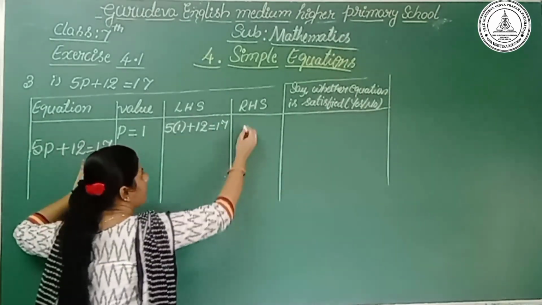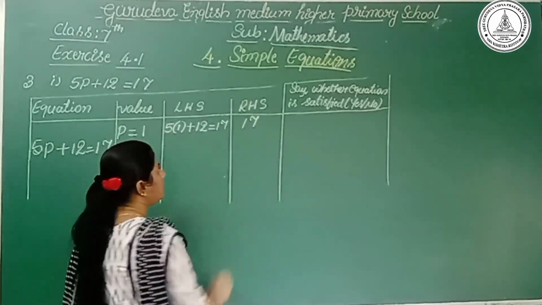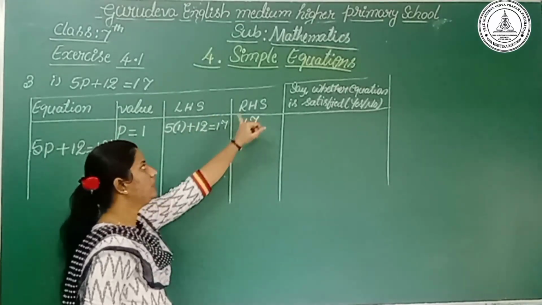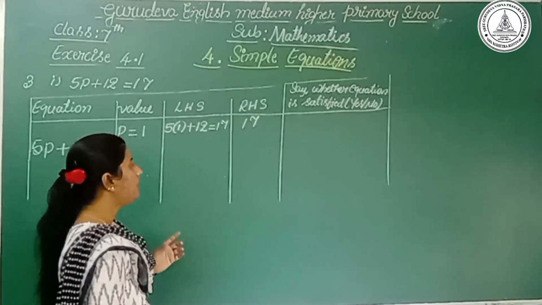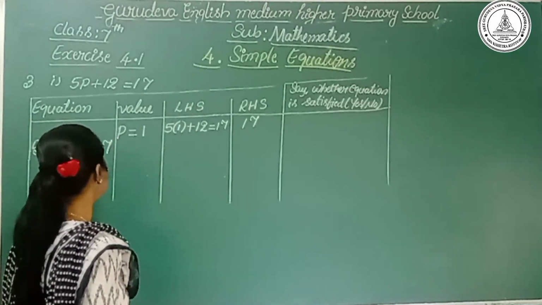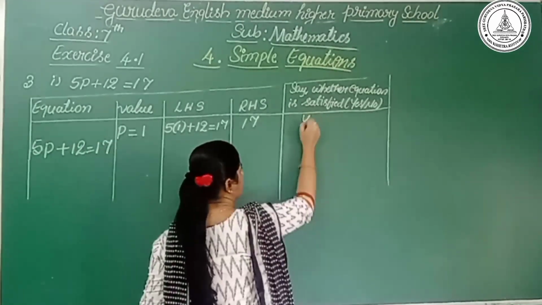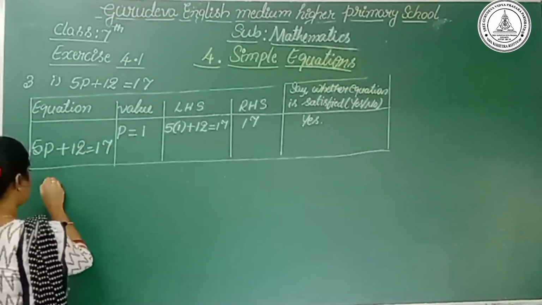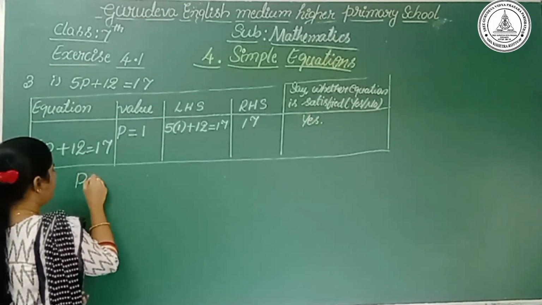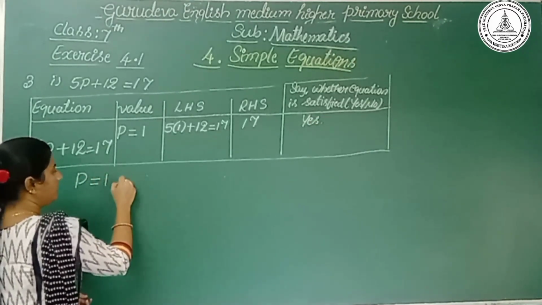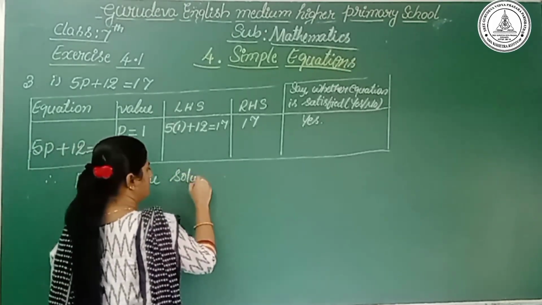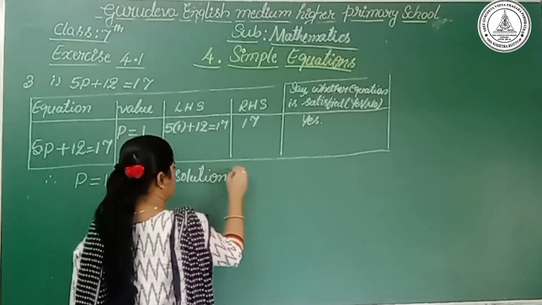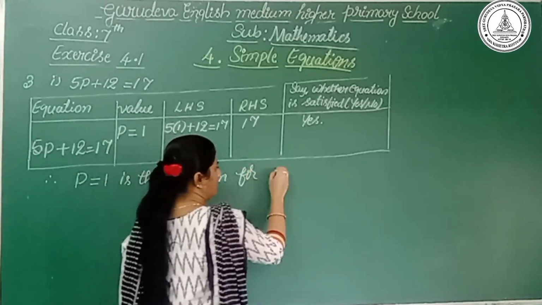The RHS is given, that is also 17. Now you may check: LHS is equal to 17 and RHS is equal to 17. Therefore p equal to 1 is the solution for the given equation.